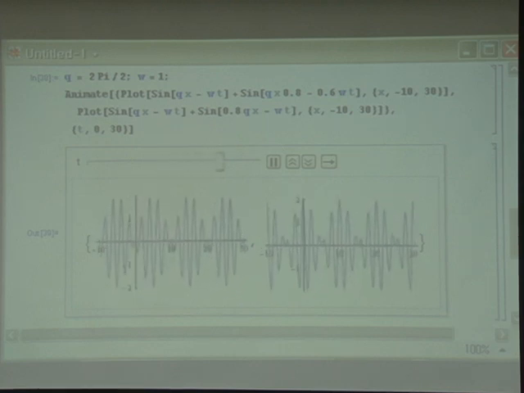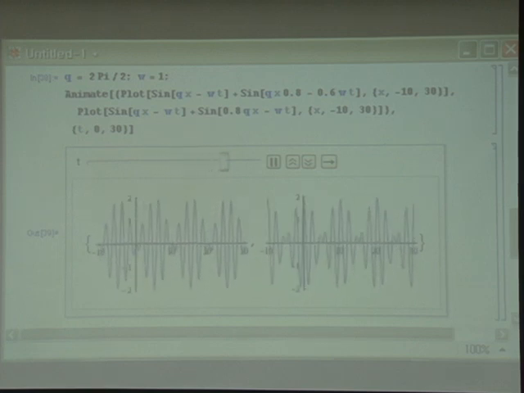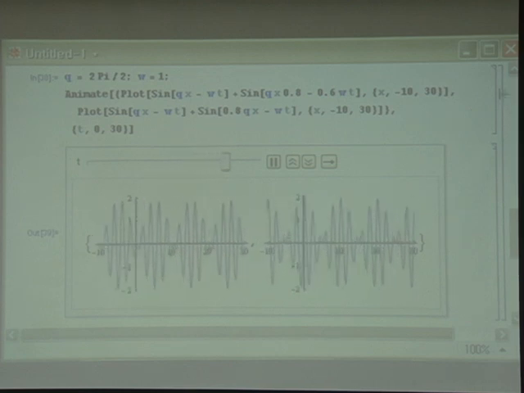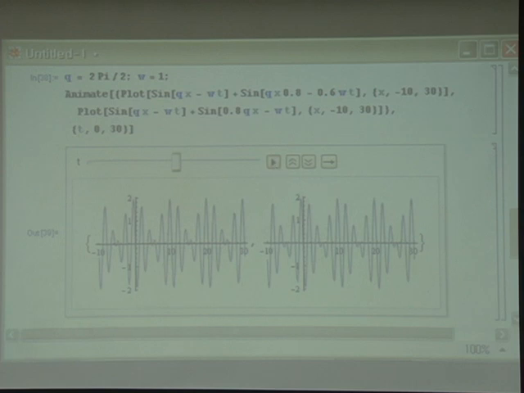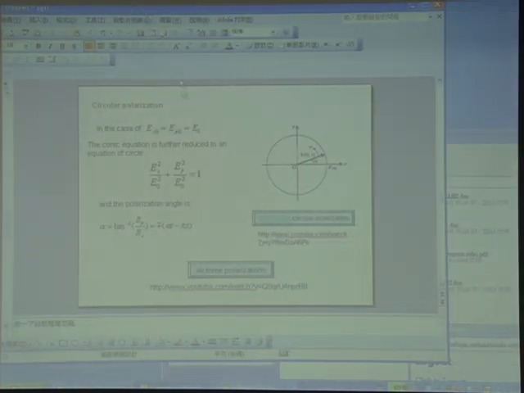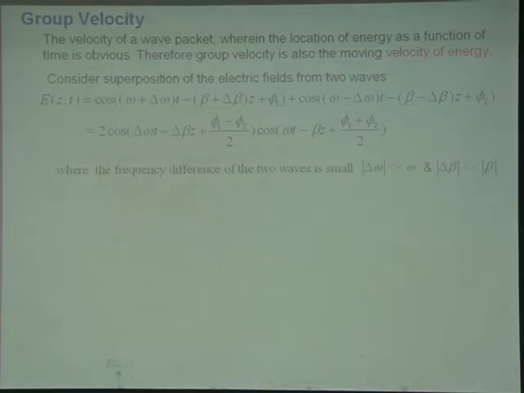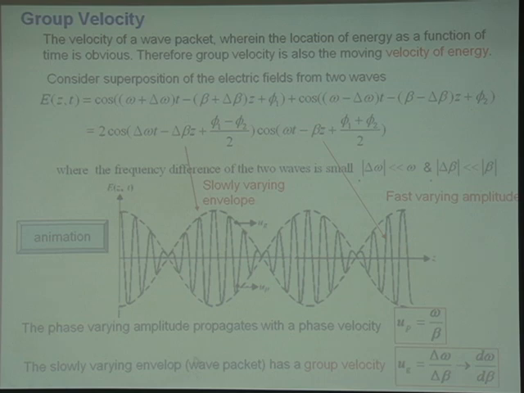But what we care about is the envelope velocity, because the envelope carries the energy, and we call this the group velocity. Through this animation, I think it's quite clear that the group velocity is very important, and it's not necessarily the same as the phase velocity for a given signal. Understood? So this is the concept of group velocity.